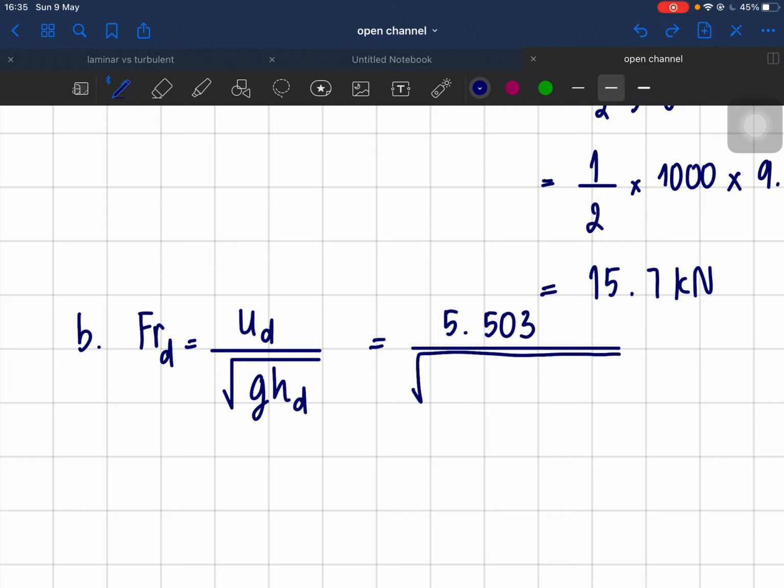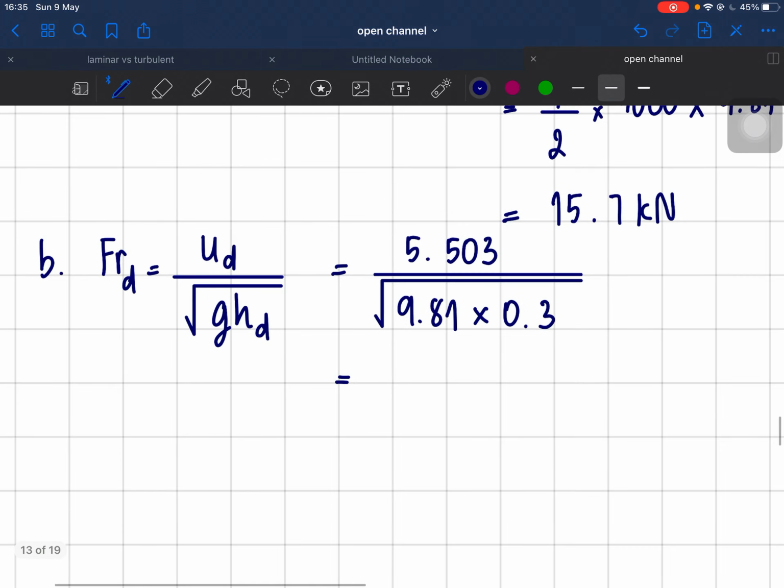G will always be the same. 9.81 times HD, H of downstream. The depth of downstream is, calculator, square root of 9.81 times 0.3 equal to 3.207. Froude number is unitless.